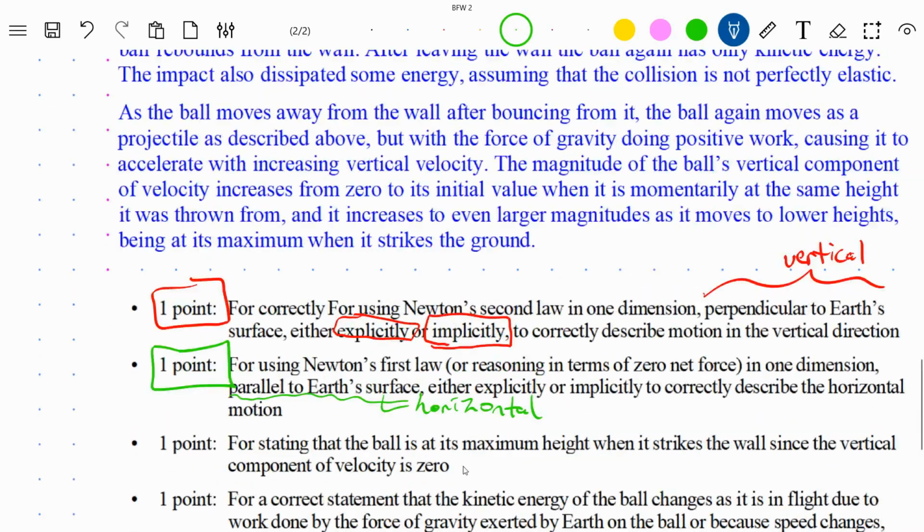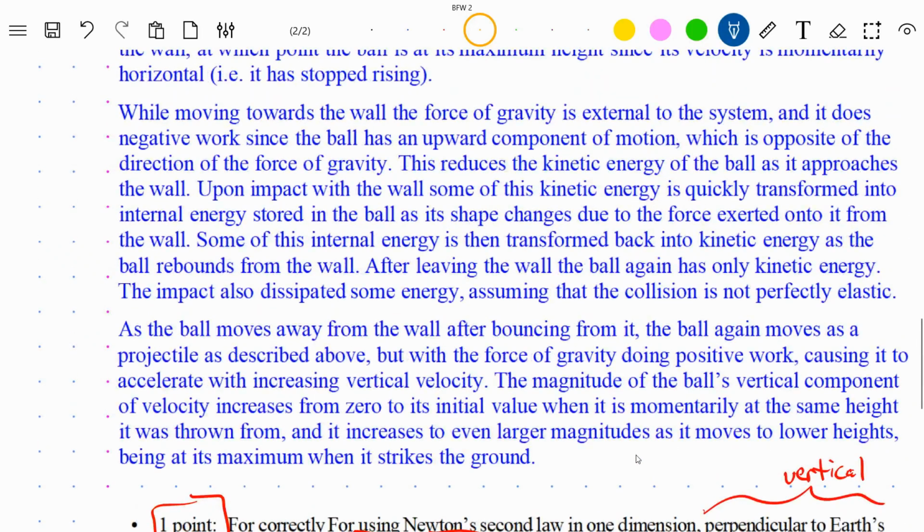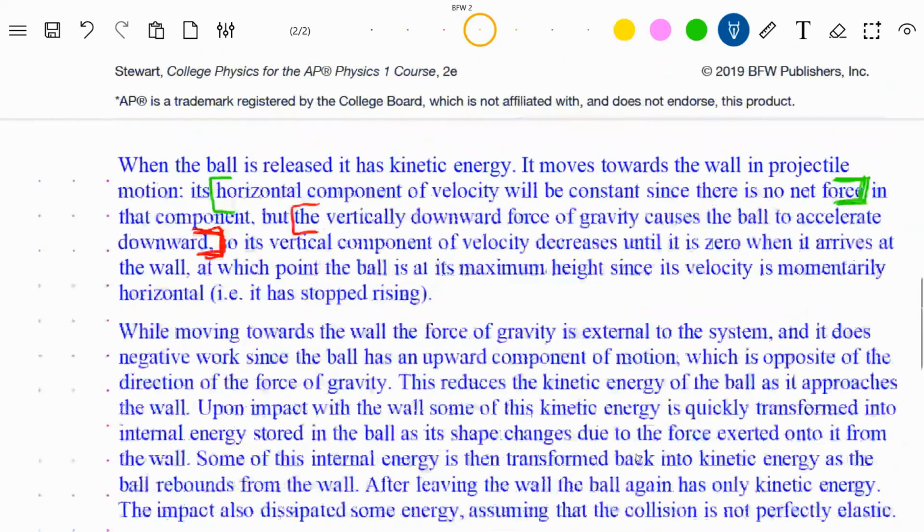Okay, the next point. Let's see here, we'll go to an orange. 1 point for stating that the ball is at its maximum height when it strikes the wall, since the vertical component of the velocity is 0. So again, you might have missed this, but I did include it even in my original thinking before I read where the points were, because I did call that out.